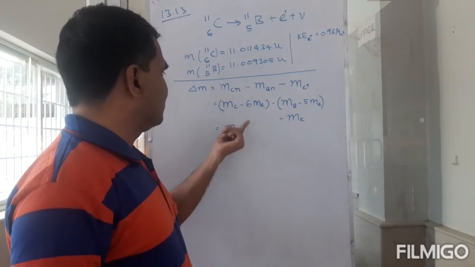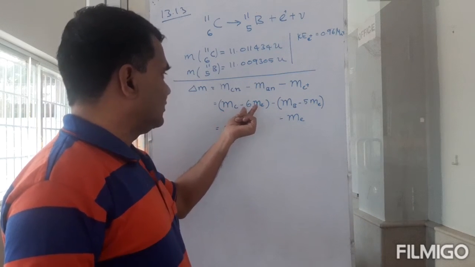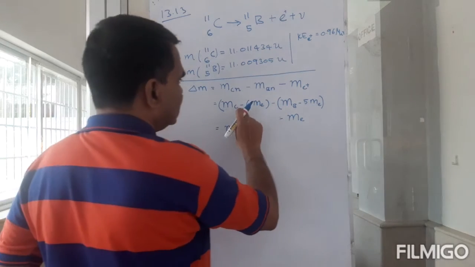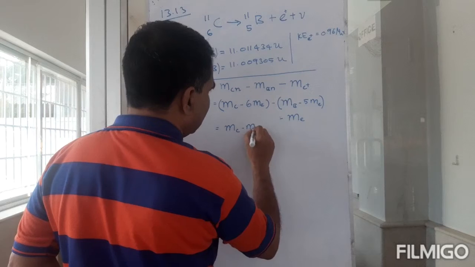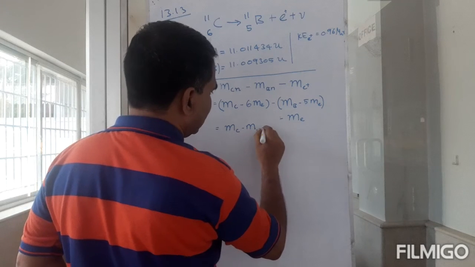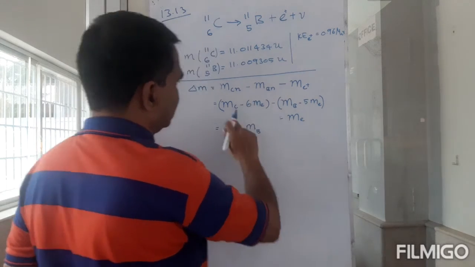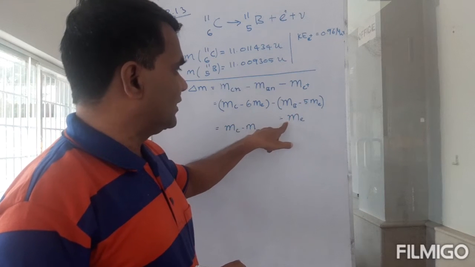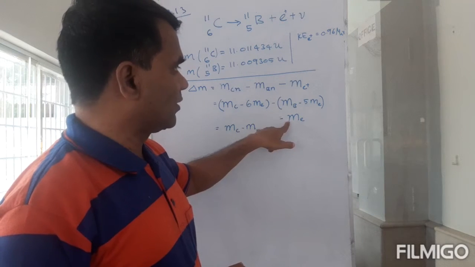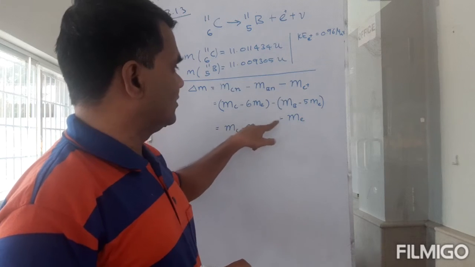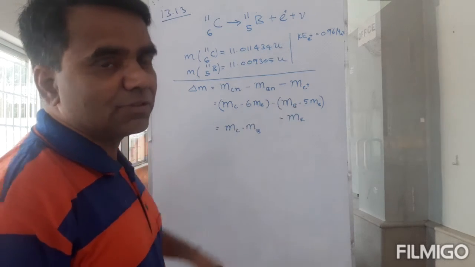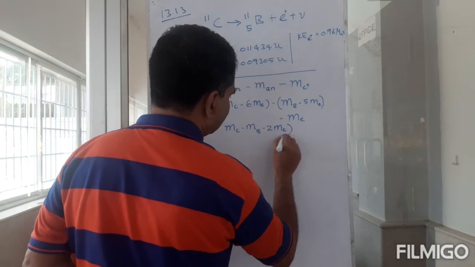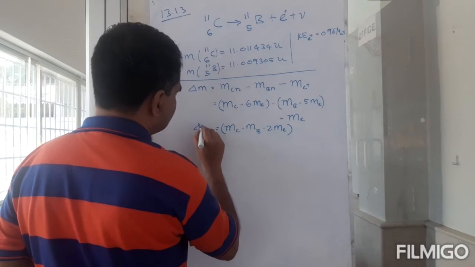So this is the mass of carbon, then minus the mass of boron. Now let's worry about the electrons. See, this has minus 6 here. You will get plus 5, then minus 1. So minus 7 plus 5, so you will get minus 2 electron masses. So that is going to be the delta M.